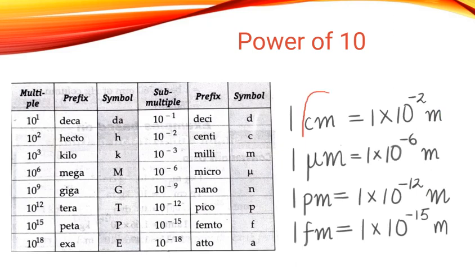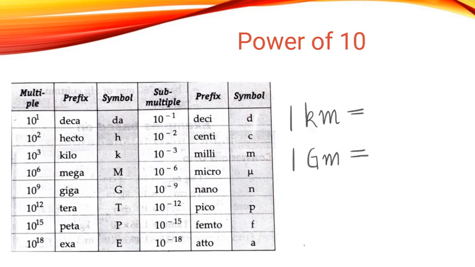So these are the common prefixes of power of 10 which will be used throughout your numericals. Whenever you get confused, you can come back and refer to this chart. This is for the negative power of 10.